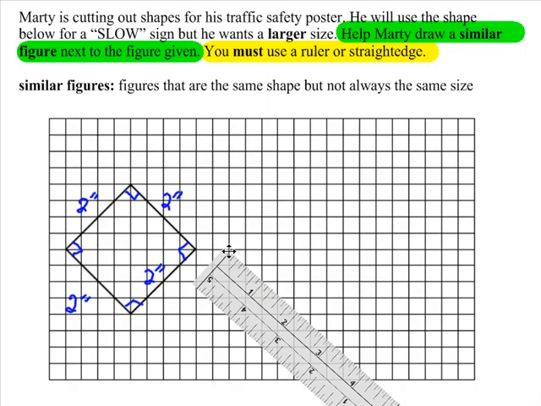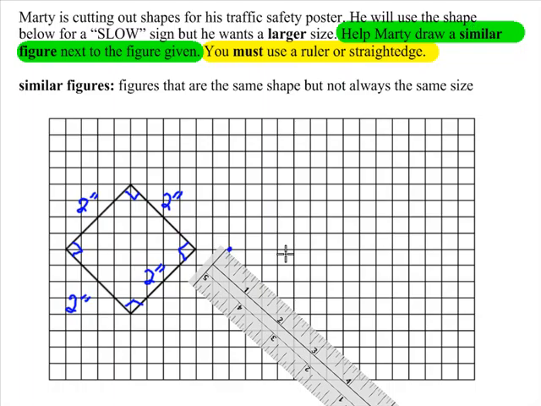So if we were to start here and go down diagonally, but instead of going down across 1, 2, 3, 4 squares, let's see how many we can go down. Maybe we can go down 5 or 6. So I'm going to put a dot right here, and then let's see if we go down 1, 2, 3, 4, 5, 6. Yeah, that would work.